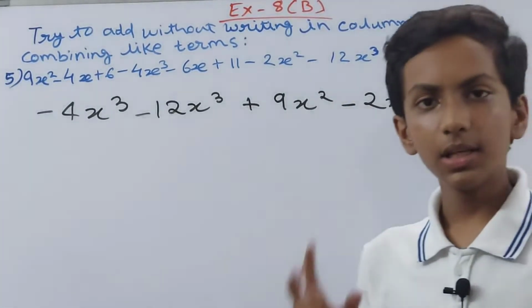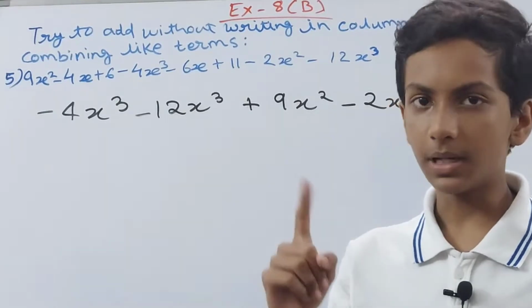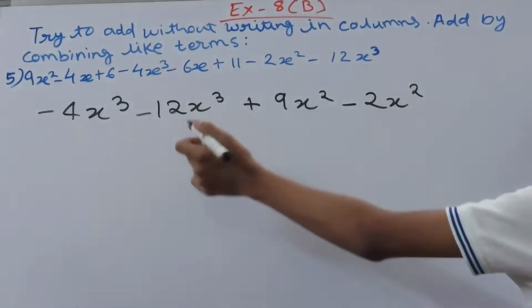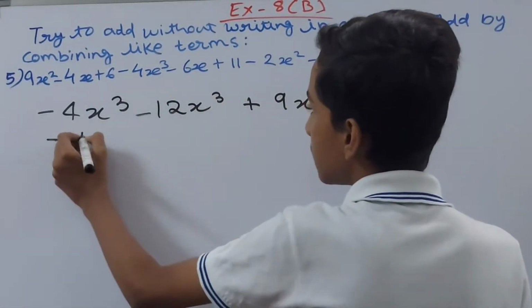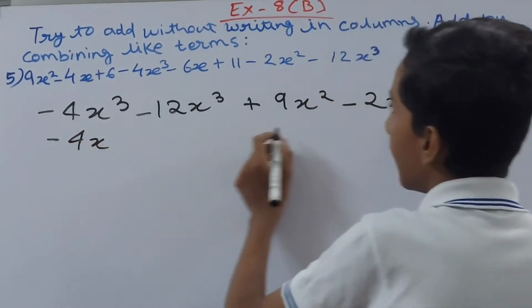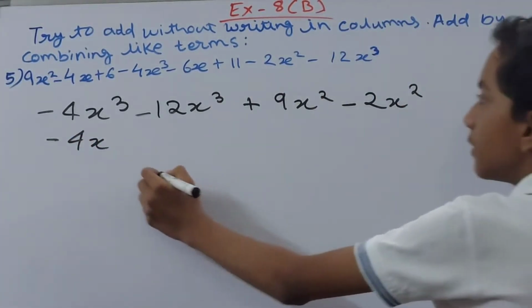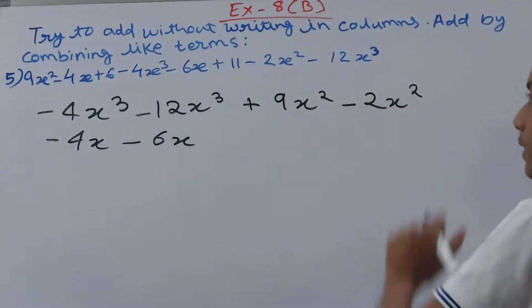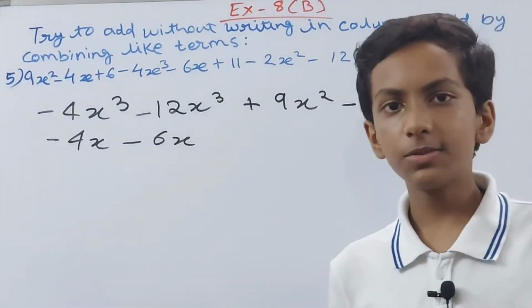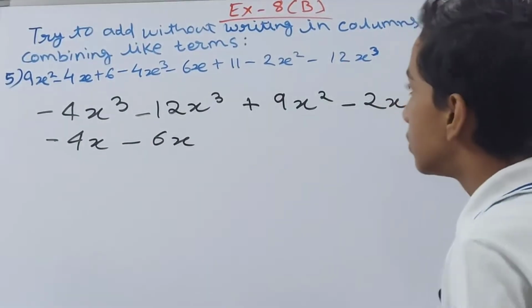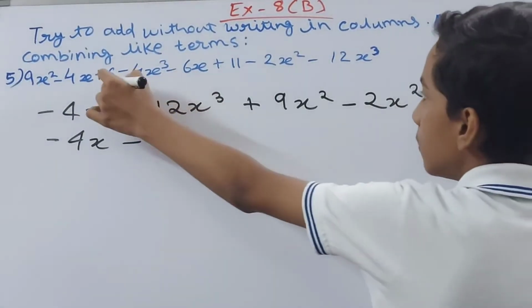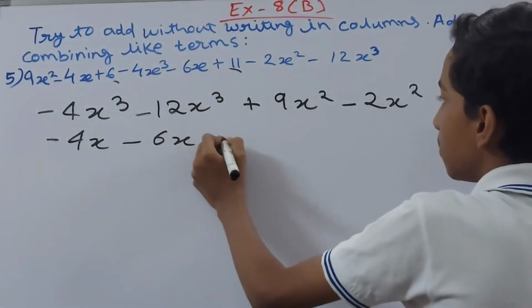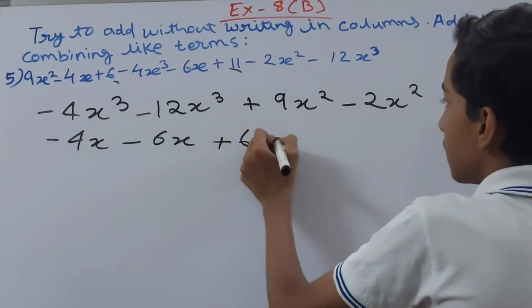Now the terms with degree 1: here we have minus 4x and minus 6x as well. And now the terms with 0 as the degree, just simple numbers, 6 and 11, so plus 6 plus 11.